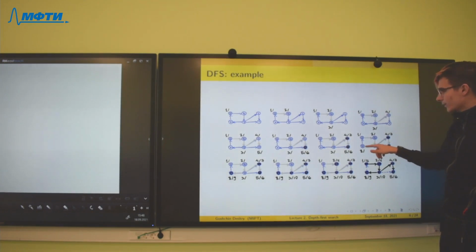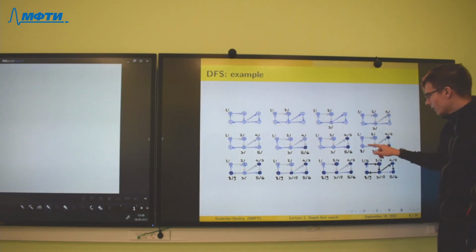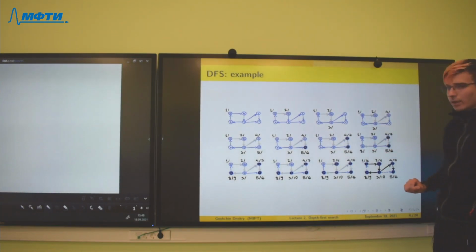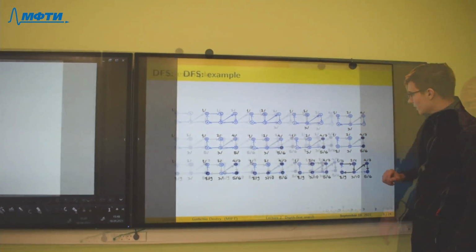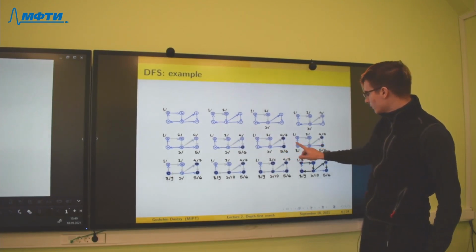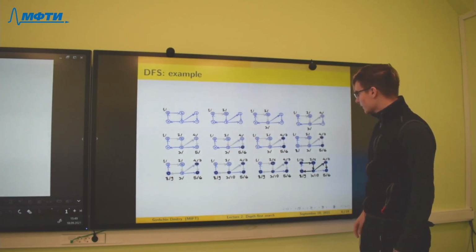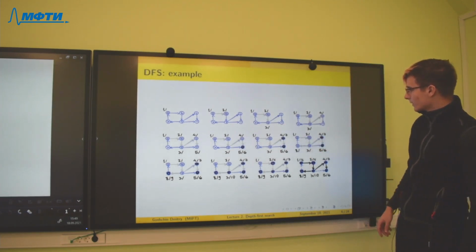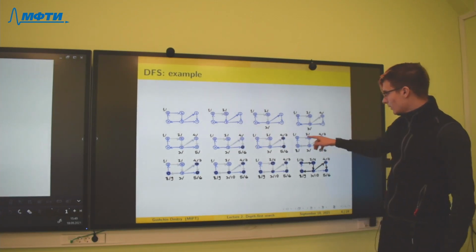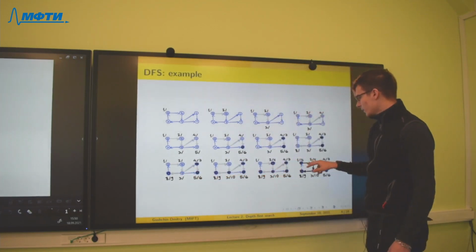So we go to vertex D, we visit it, and see that vertex D has only one adjacent vertex, A, and it has been explored. So we finish with D, we finish with E, we finish with B, and we finish with A.